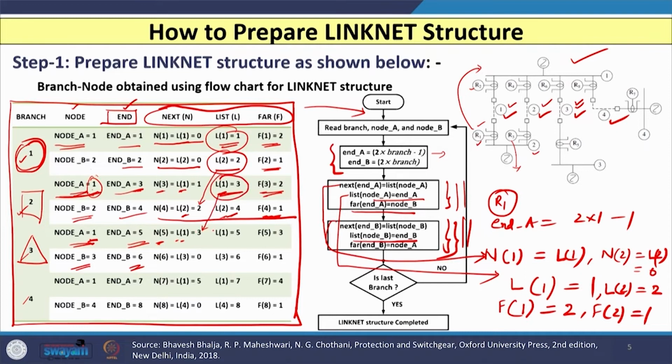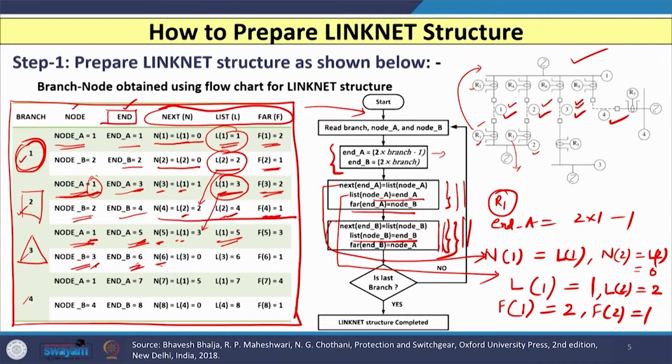So, you have to consider that here, and then L1 is updated by list L node A is 1, that is equal to AND A, which you have calculated as 5. So, the value of L1 is updated, and for AND A it is 5. So, F5 is equal to node B, which you have already calculated as 3 for this third branch. So, F5 is equal to 3.